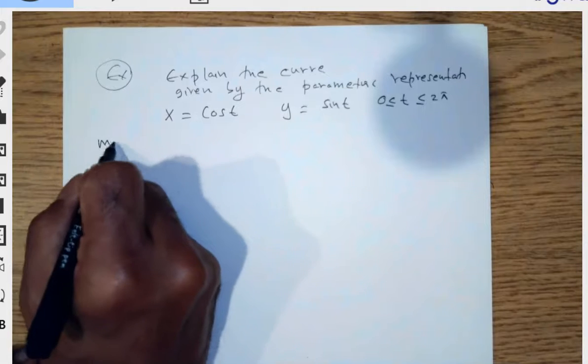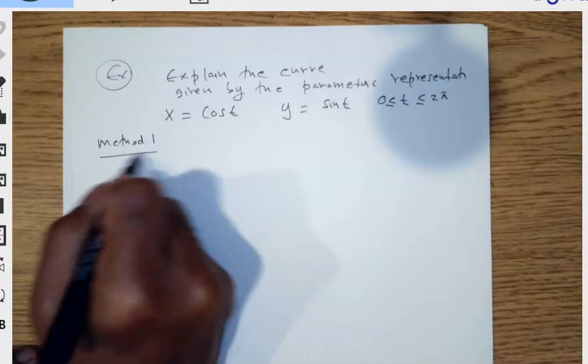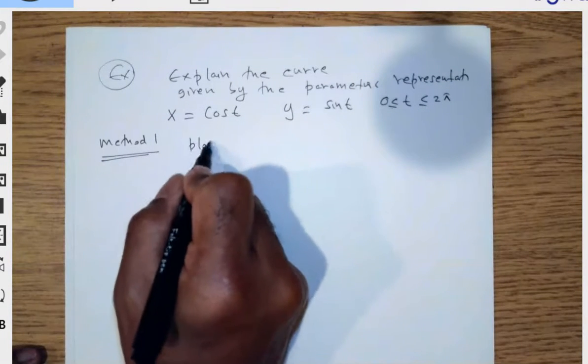So let us do method 1, right? Let's just plot points. Just for illustration, this is good.